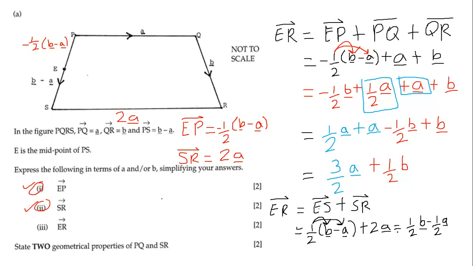And then we're going to add 2A. Now, what is negative a half A plus 2A?